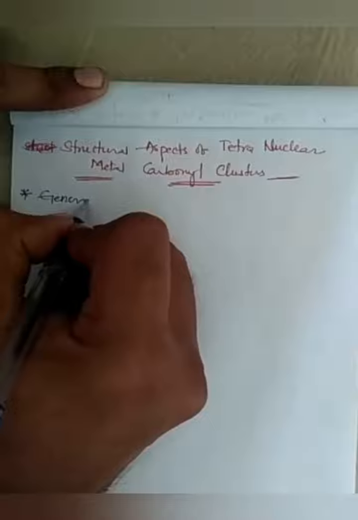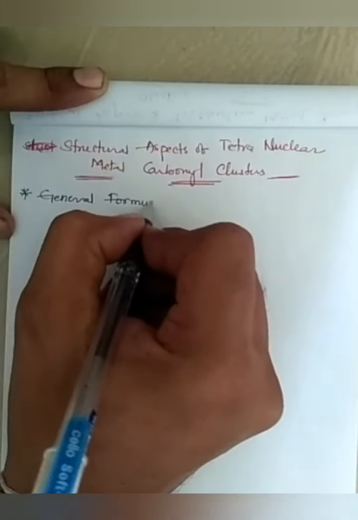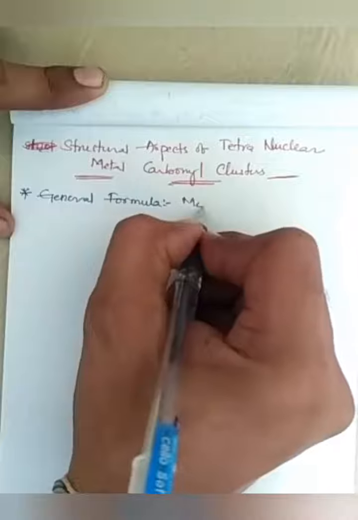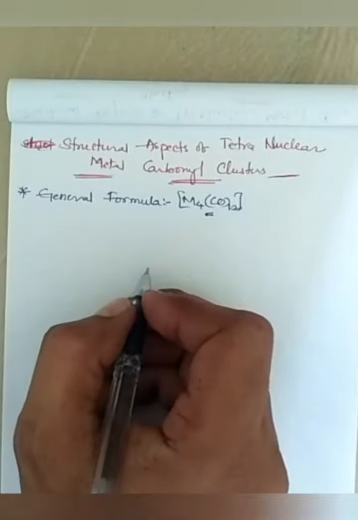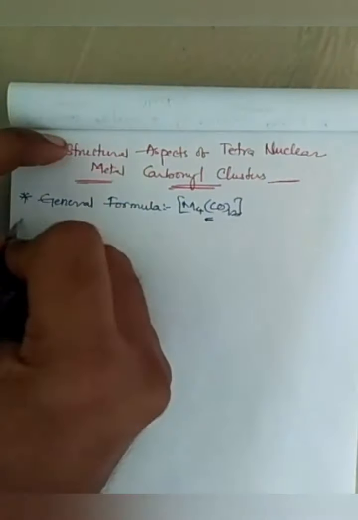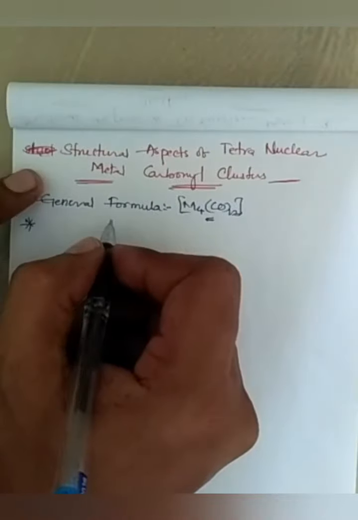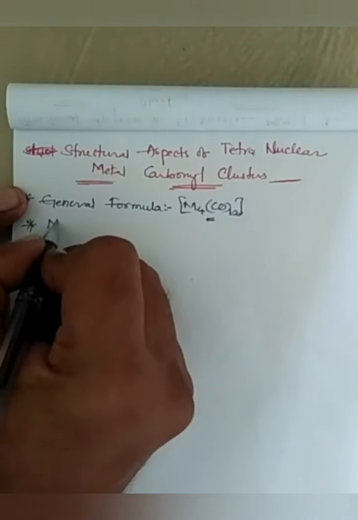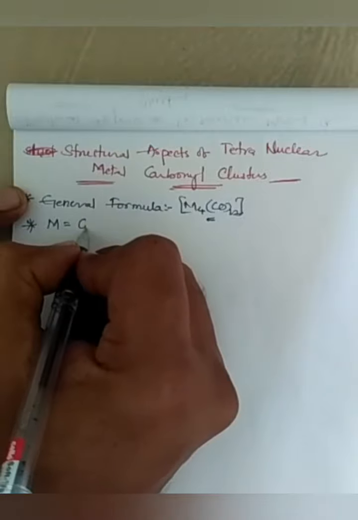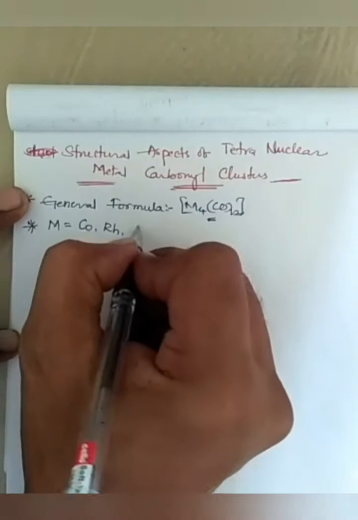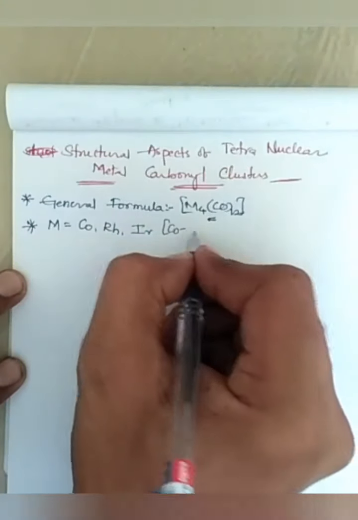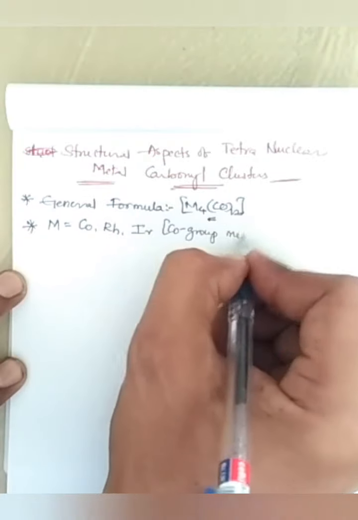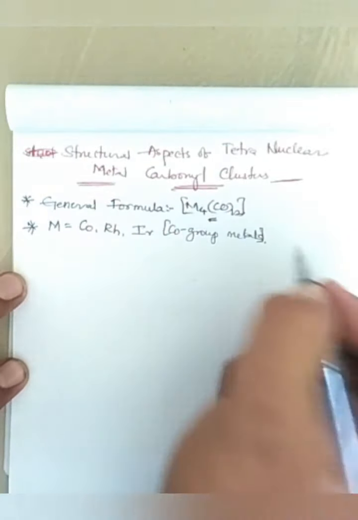The general formula will be dodecacarbonyl tetrametallic cluster. The metals which form these tetranuclear metal carbonyl clusters are the cobalt group metals: cobalt, rhodium, iridium.